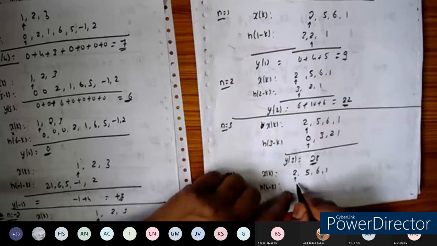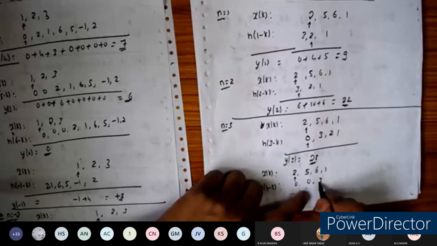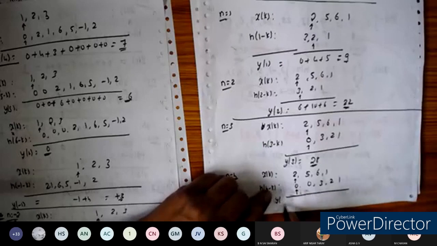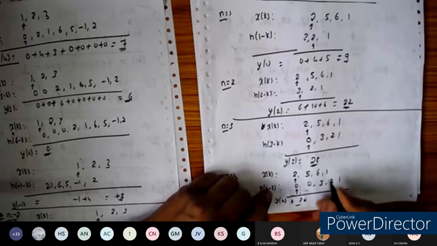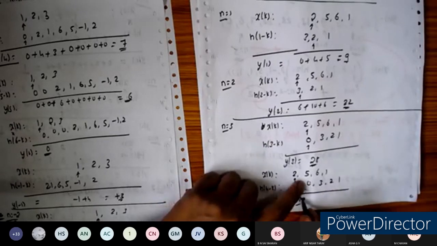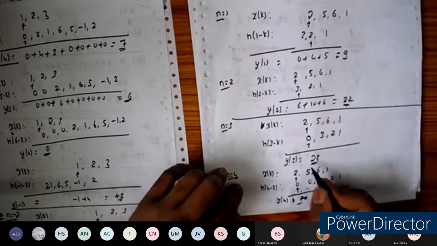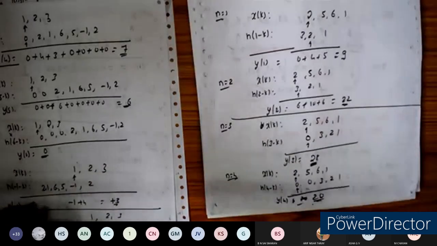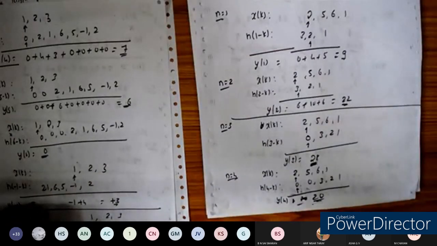Okay, so we got 20. Good. So this is y of 4, it will become 20. Take the product: 6 3s are 18 plus 2 1s are 2. It will become 20. Okay, so what are the answers we'll get? To highlight the answers.